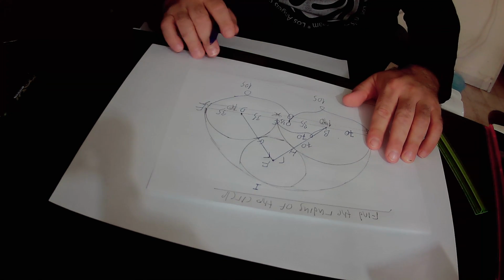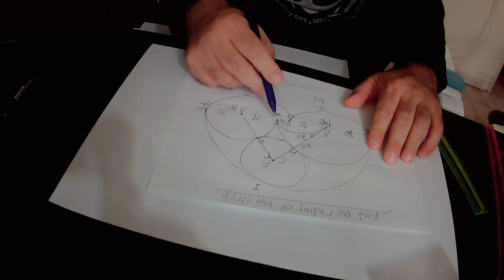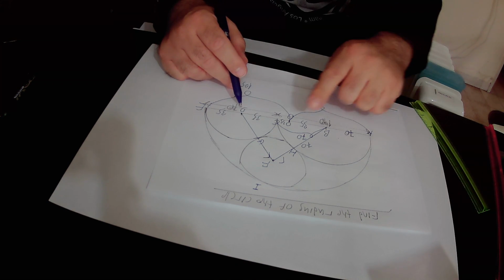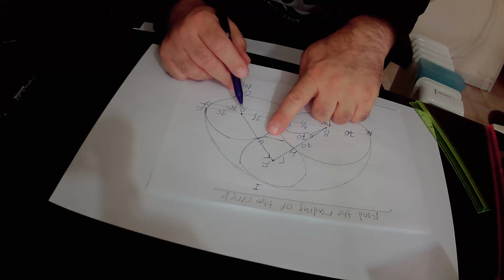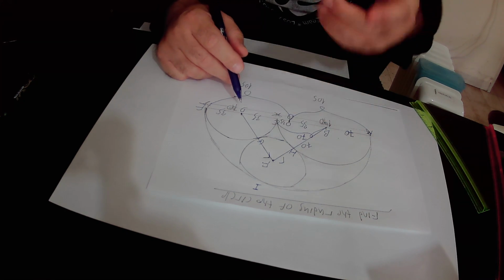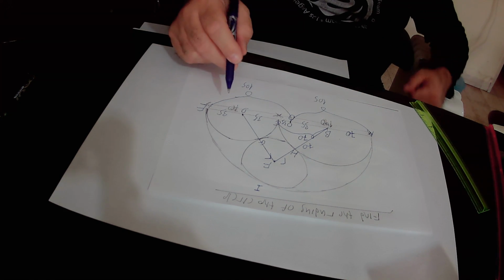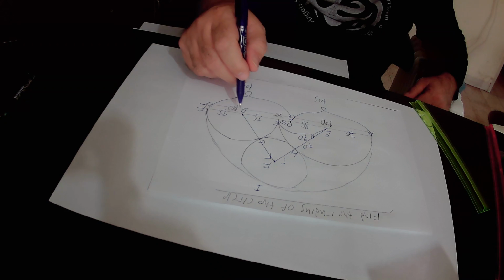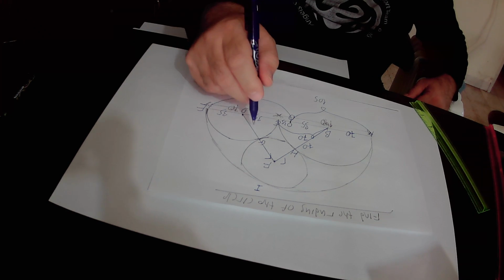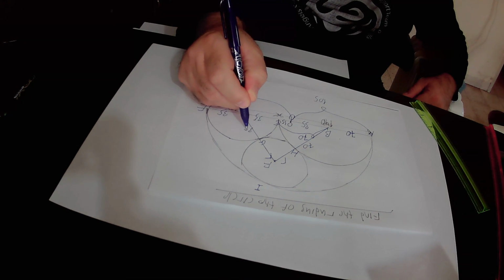And here, point D is the center of the smallest semicircle. Point G is the point on the smallest semicircle itself, therefore DG is the radius of the smallest semicircle, which we have already found out equals 35 units.